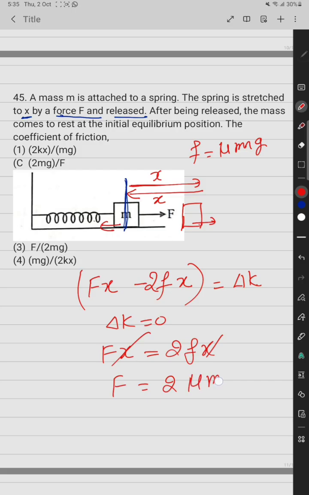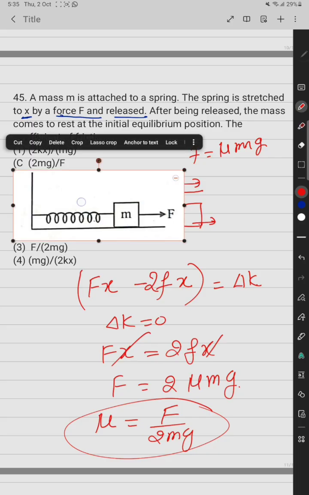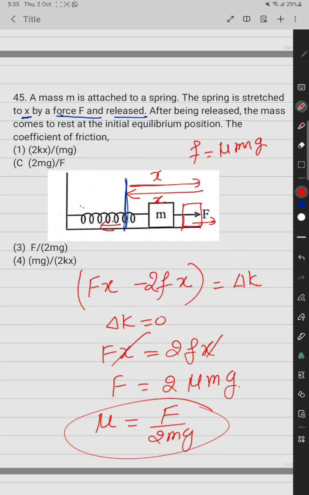So it is twice of mu into mg. The coefficient of friction is asked, so coefficient of friction equals F upon twice of mg. So the correct option is the inverse of this one, which means the correct option is the third one.